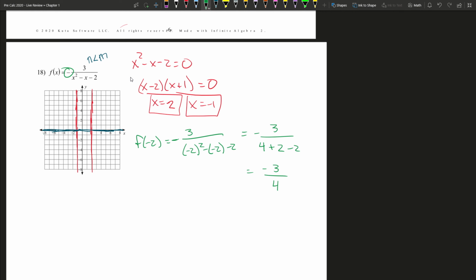That's negative, so it's going to be below on the left. We need to test in between, so we can test 0. When we do that, we get negative 3 over negative 2, which is just 3 halves, which is positive. That's above the blue line. And then we test to the right.